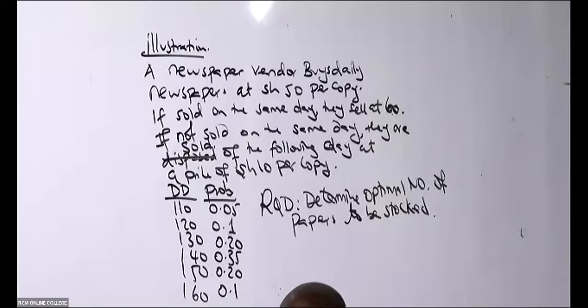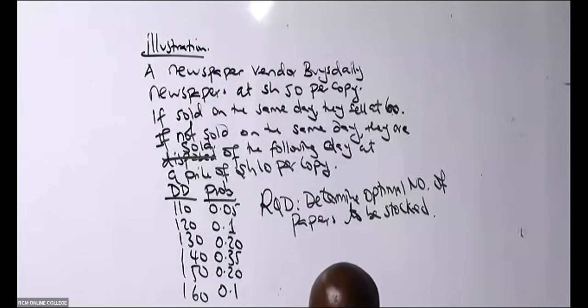So we are told a newspaper vendor buys daily newspapers for 50 bob per copy. If he sells them on the same day, he is able to fetch the normal price of Kenya shillings 60. But in the event that he doesn't sell them today, in the event that he perishes with them, then we'll be able to get some funny characters who will buy these newspapers tomorrow for a reduced price of Kenya shillings 10 per copy.